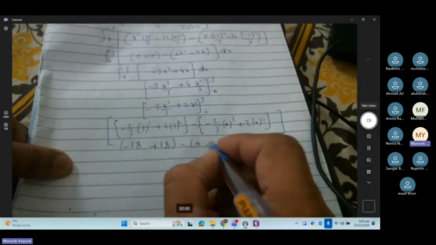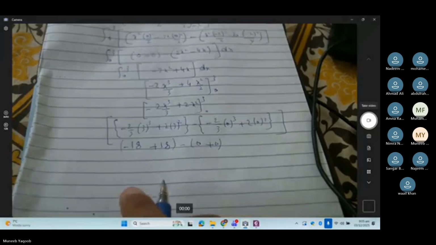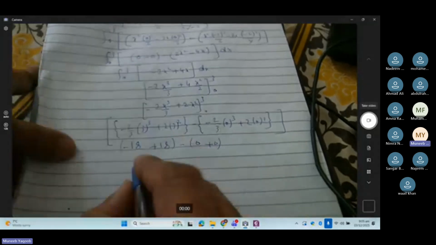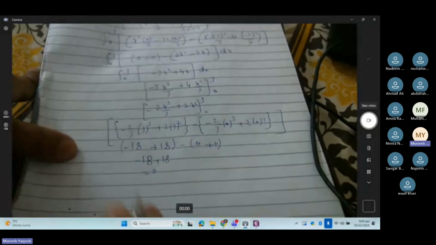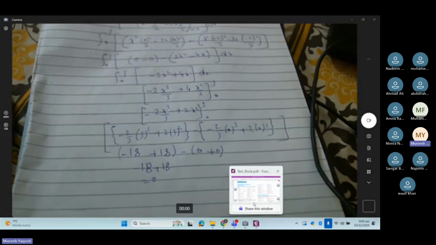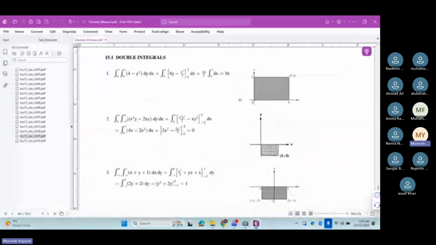Minus 0 plus 0. Okay. Now it is minus 18 plus 18 is 0. So again, you can confirm this answer in our solution manual. If we open the solution manual, you can see that their answer is also 0.